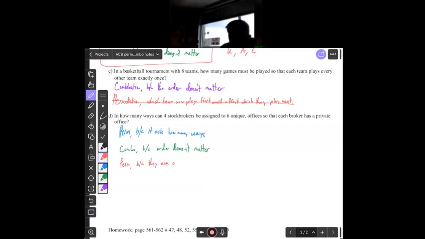Okay. So the first thing you said, you think it's a permutation because they're assigned an office, and so which office they're in would matter. But then there's extra offices, so that makes you think maybe it's a combination. Yeah. Okay, because there'd be 2 empty offices, right?